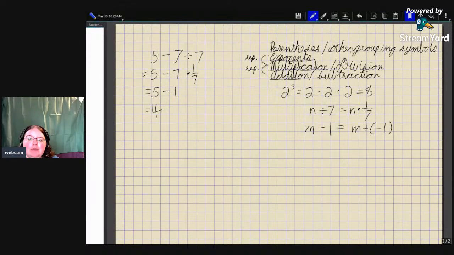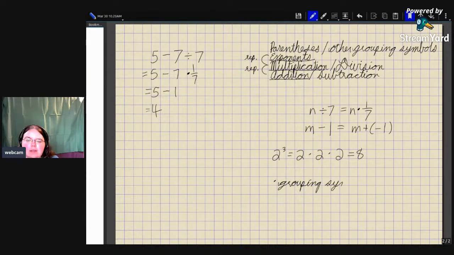So we can come up with a couple of rules for the underlying logic of the order of operations. So the first rule we have is grouping symbols exist. So we have the option to say, hey, I want to do this part first, or I want you to do this part first, or we need to do this part first.